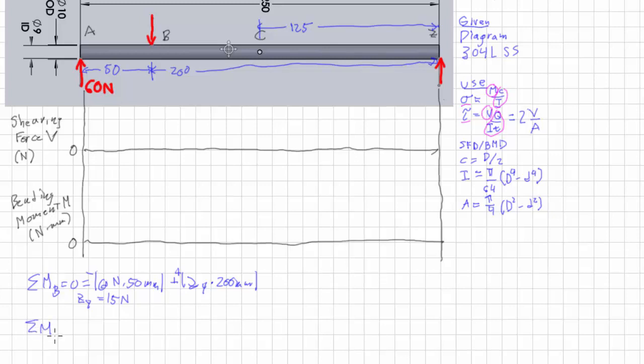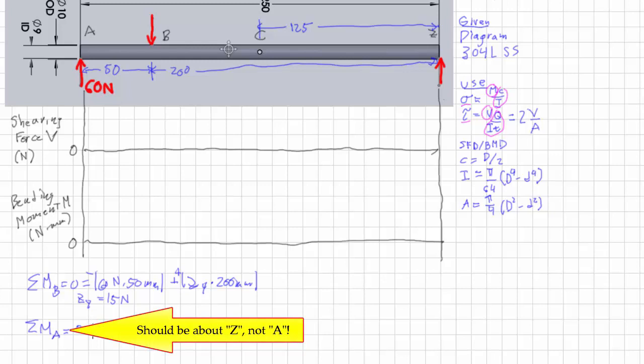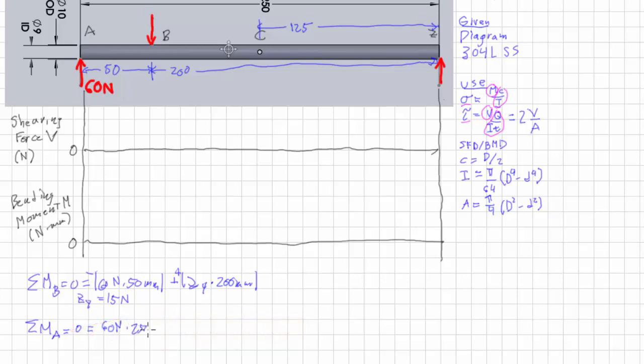Sum of the moments about A equals 0 equals 60 newtons times 250 millimeters. That's also going to be clockwise, plus BY times 200 millimeters, and that's going to be counterclockwise.